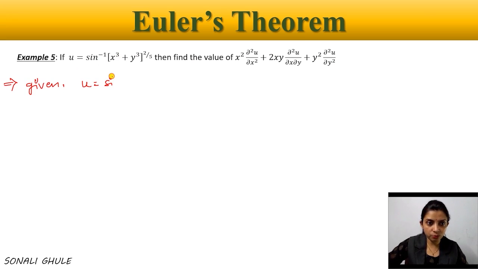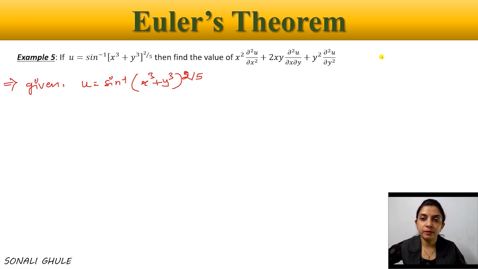u is equal to sine inverse of (x cube plus y cube) raised to 2 by 5. In the numerator, the common degree is 3, multiplied by 2 by 5. So 3 into 2 by 5 is 6 by 5. That is the degree of the homogeneous function.